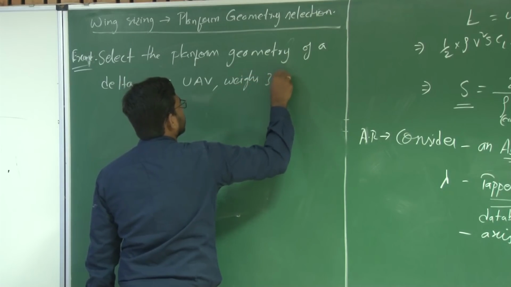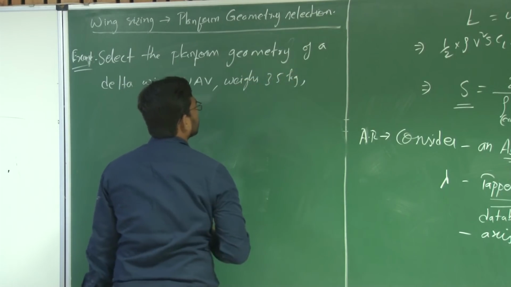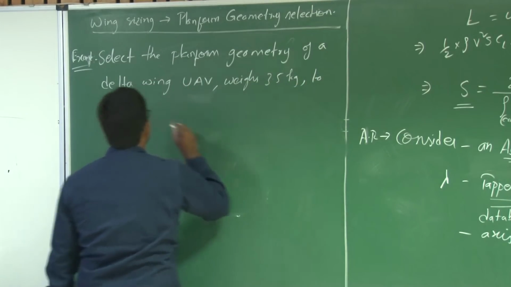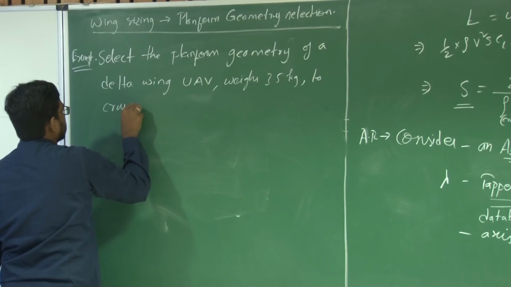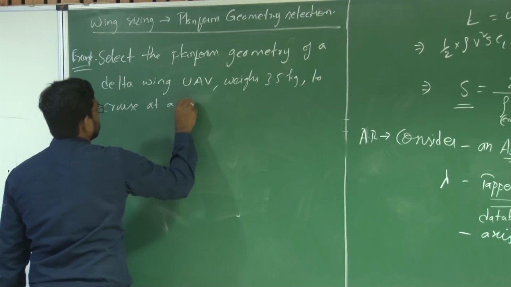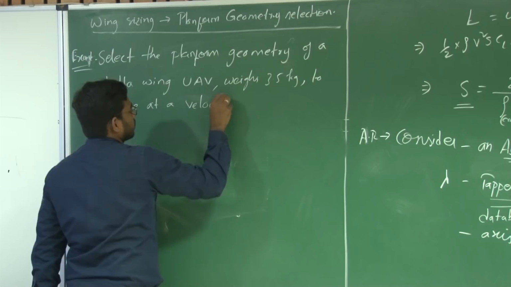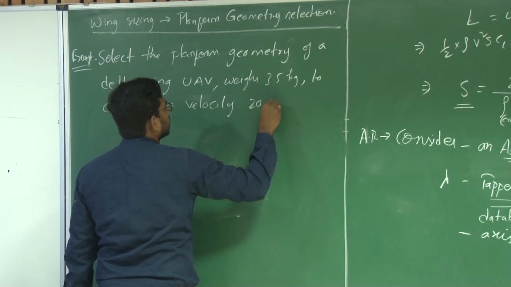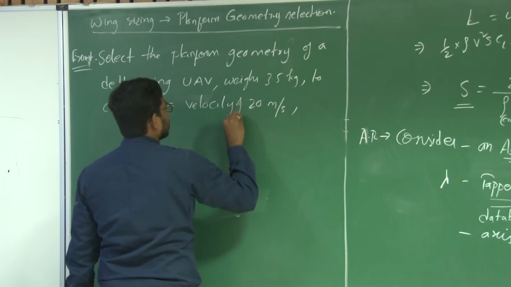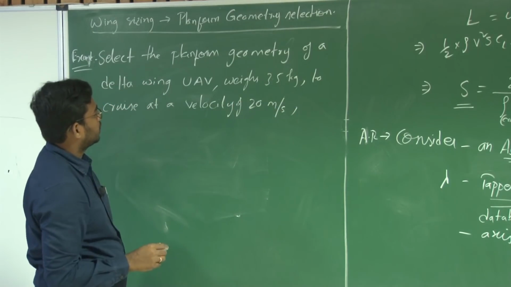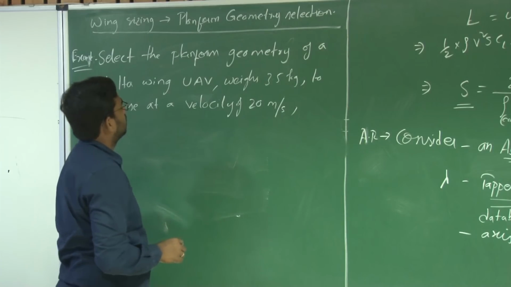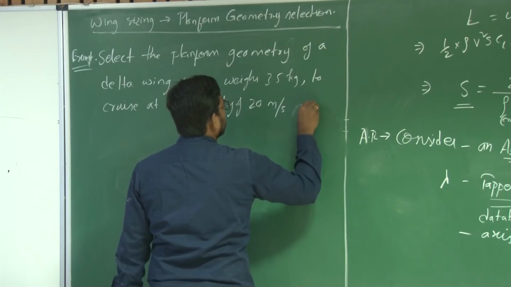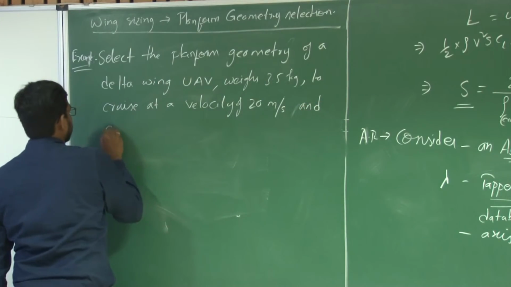The UAV weighs 3.5 kg, and the delta wing UAV has to cruise at a velocity of 20 meters per second, right, and at a design CL.